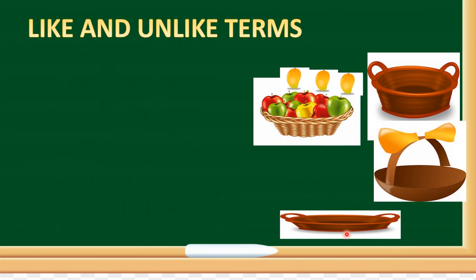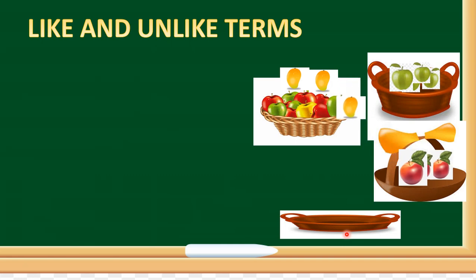You will take green apples one by one and keep them in a basket. Similarly, you will take red apples one by one and keep them in a basket, and the same way you will follow for the mangoes, keeping them in a single basket.